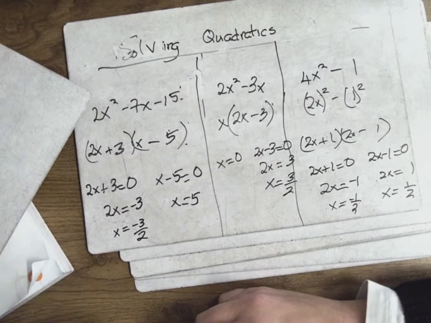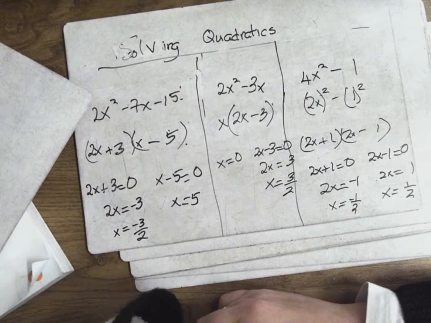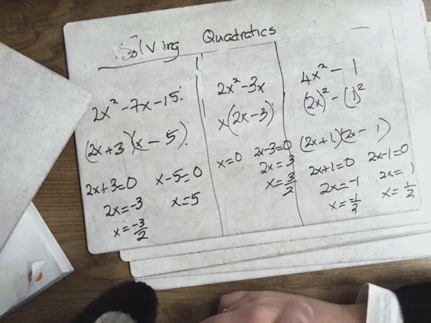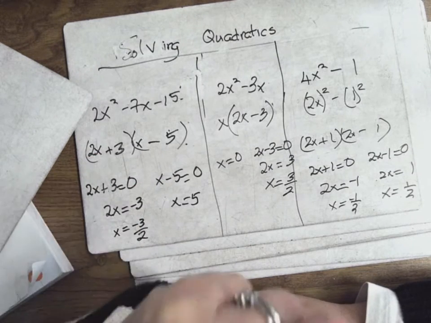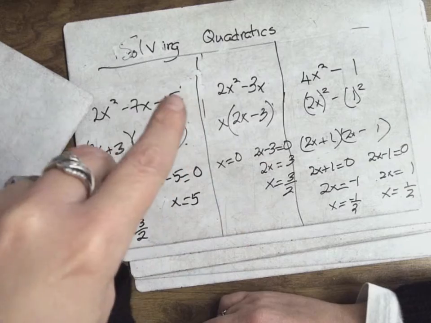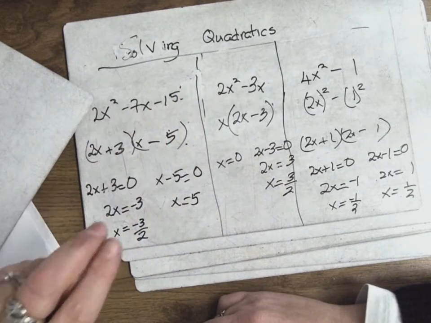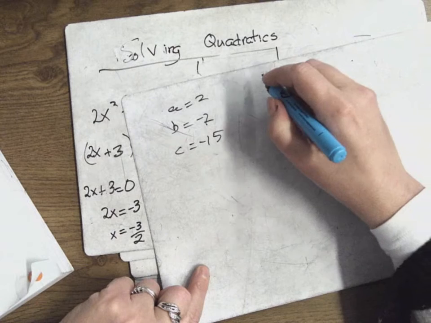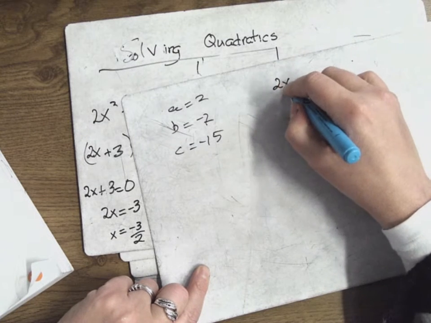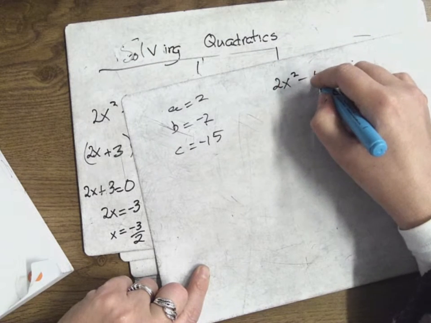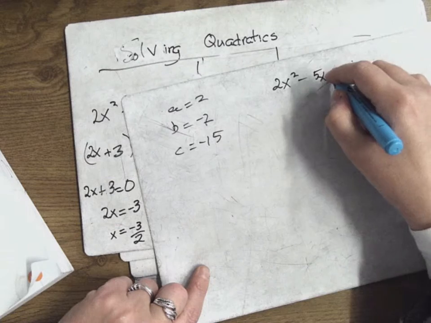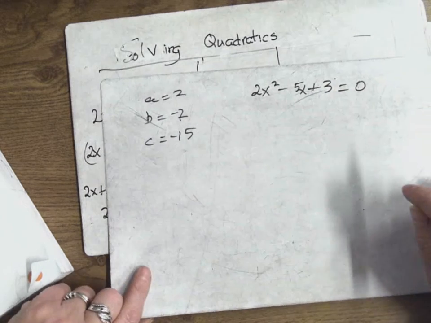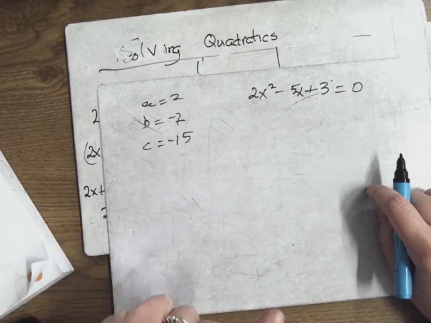Because it'll say solve correct to 2 places of decimals, or it'll say solve and leave your answer in surd form. That means leave it with a square root sign on it, right? Okay, so sometimes this will not work out. So I might change this a small bit, right? Minus 5x plus 3 equals 0. And it says solve correct to 2 places of decimals.